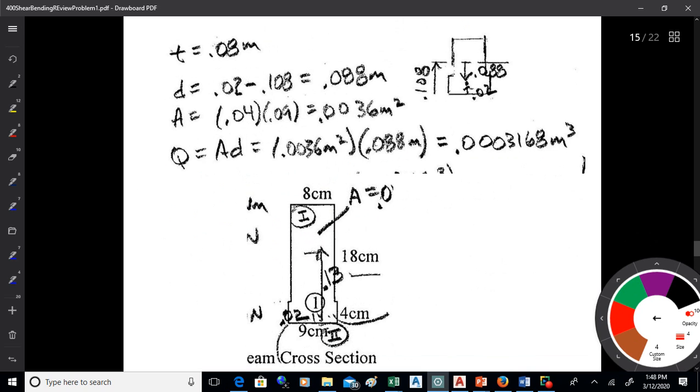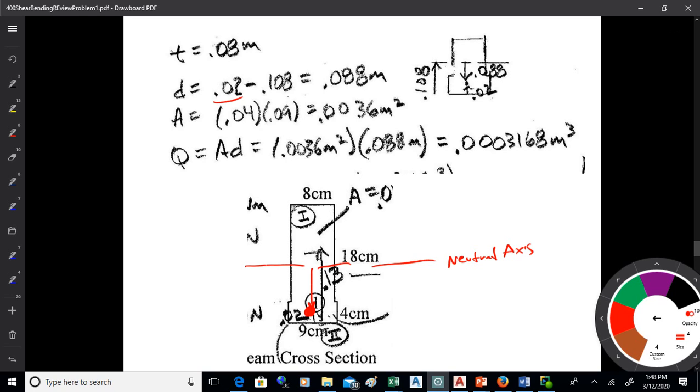So there's Q. Okay, so what we're doing there, we're going from the neutral axis, which is right there, and we're going down to that centroid. All right, so the centroid is half of the 4 centimeters, which is 2 centimeters. It's 0.02, and the neutral axis is 0.108 high, so the difference is 0.088.